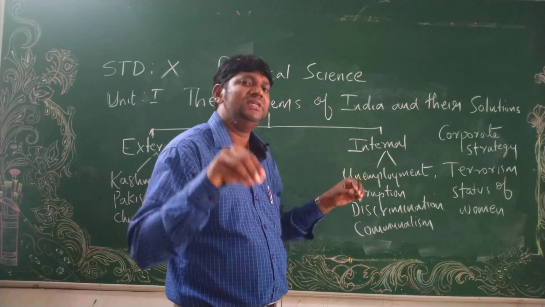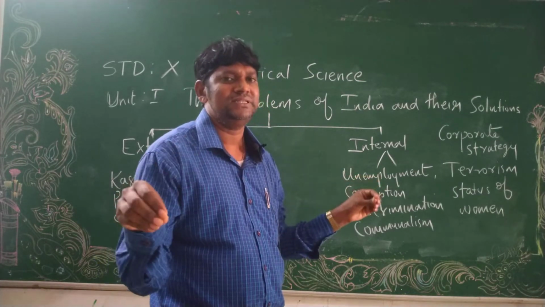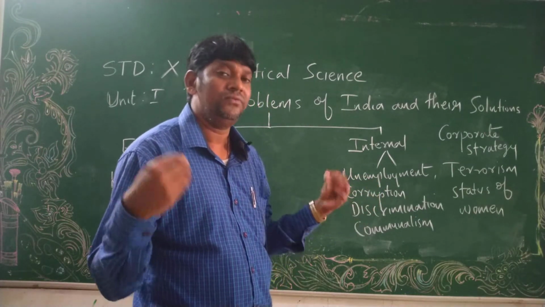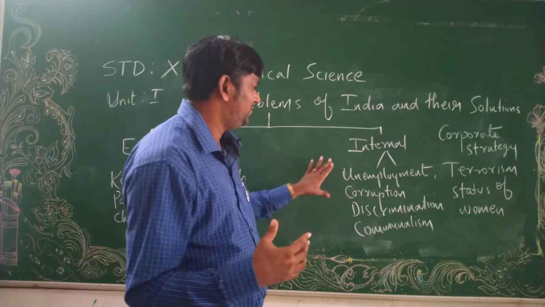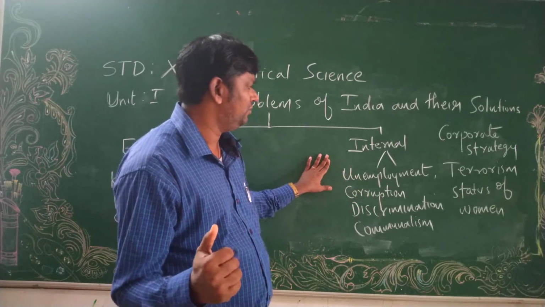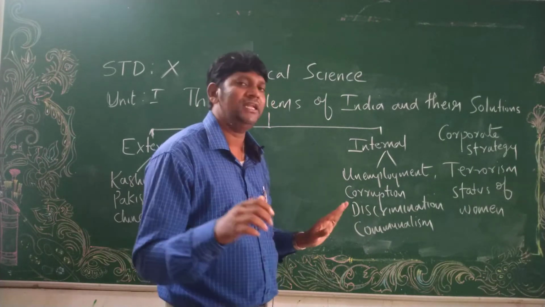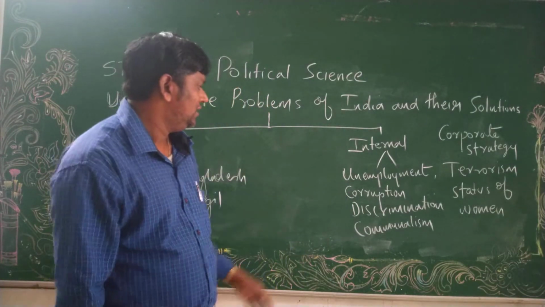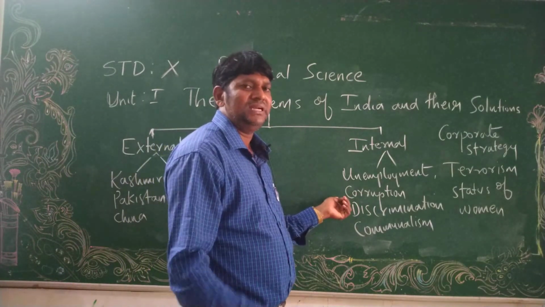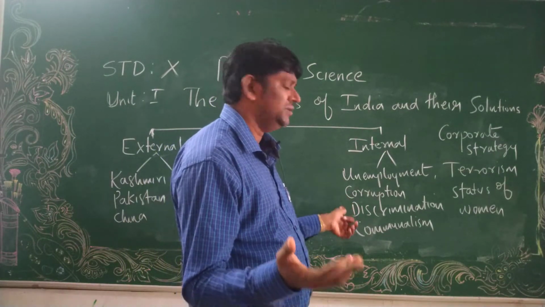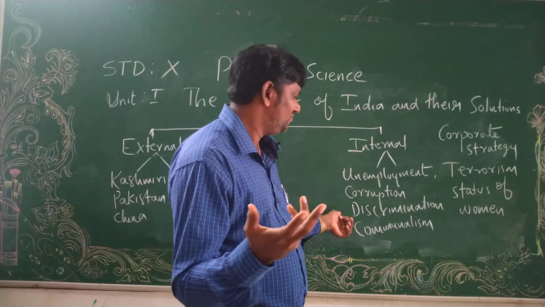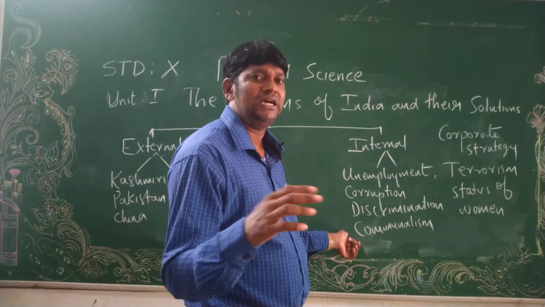Internal problem means within the country, inside India, our own problems. Number 1 problem we have been facing since 1947 is unemployment. The next major problem is corruption. Number 3 is discrimination. Number 4, communalism.